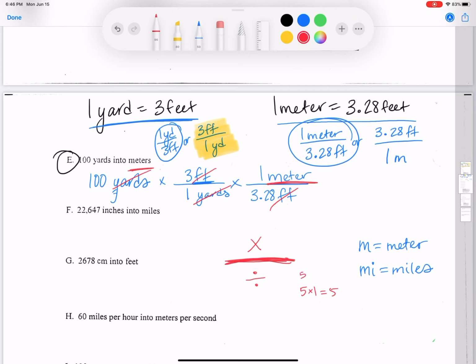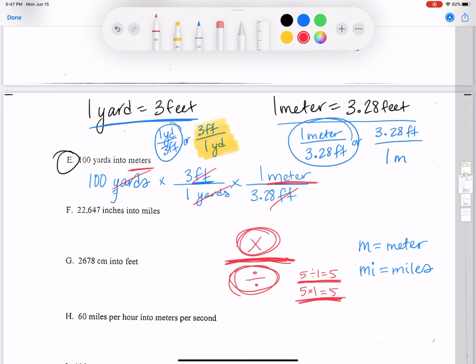If you were to do 5 divided by 1, it's still 5. So if you have a 1 in the numerator, you can ignore it because you're still going to be left with the same final answer. If you have a 1 in the denominator, you can ignore it because you'll still be left with the same original value. So having a 1 in the numerator, a 1 in the denominator, you just skip it because it's not going to affect our calculation.